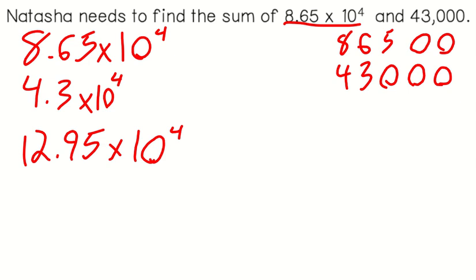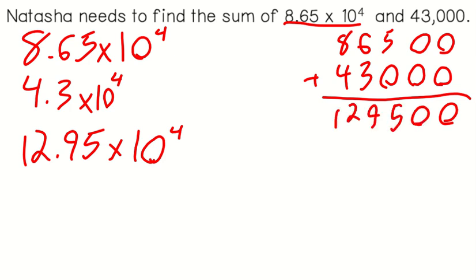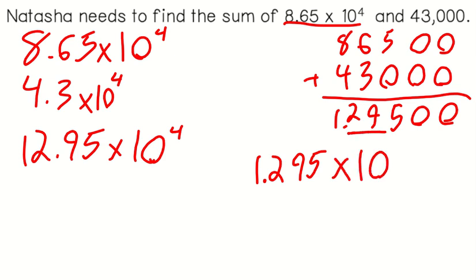Okay? If I add those, I got 0, 0, 5, 9, 12. Where's my decimal go? To put it back in scientific notation. After the 1, between the 1 and the 2, right? So we'd have 1.295 times 10 to the what? What would my exponent be right here? 5.